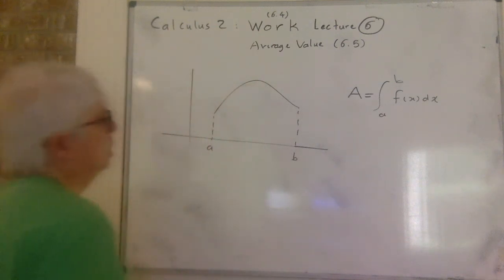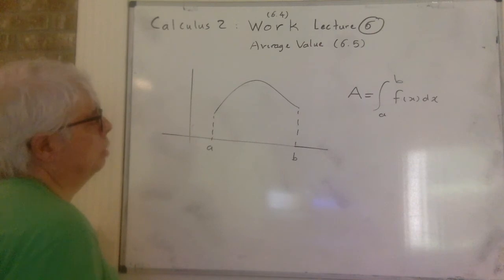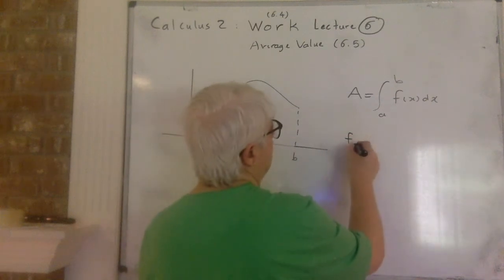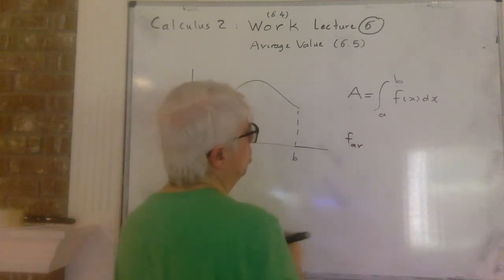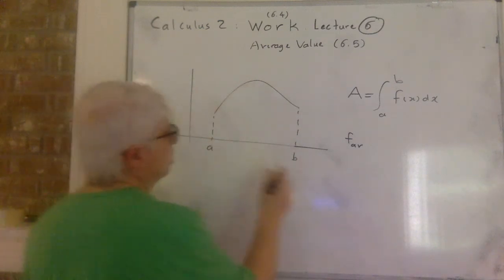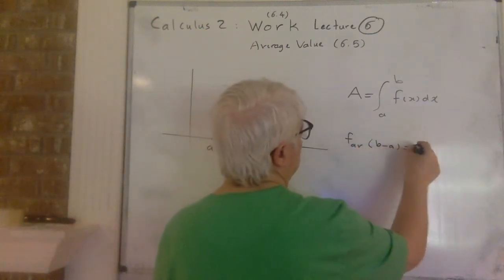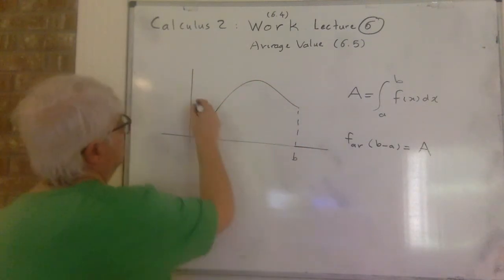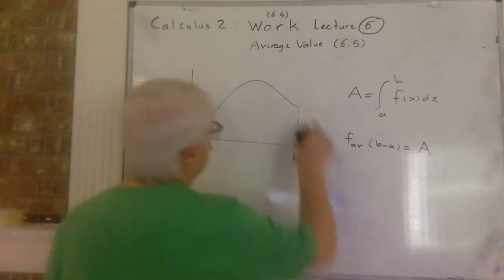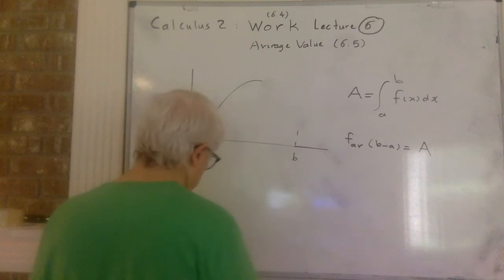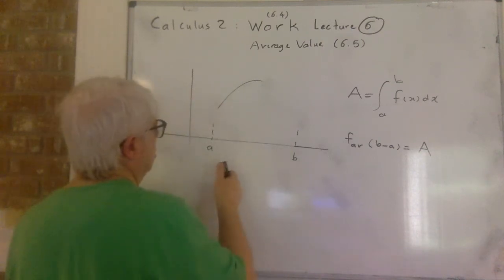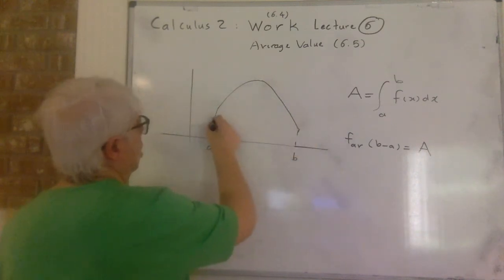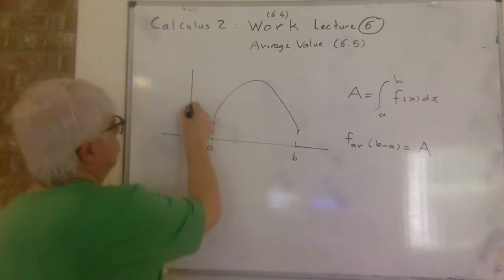I say, okay, can I find a number? Just a number, f average, such that when I multiply this f average by this distance, I will get the area. So the average will be somewhere here, f average.